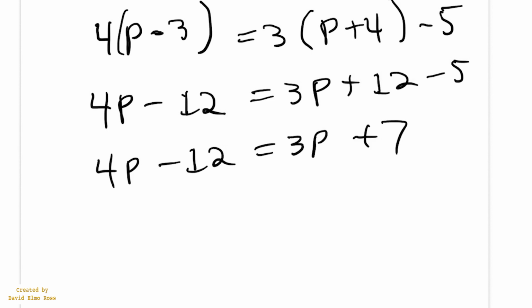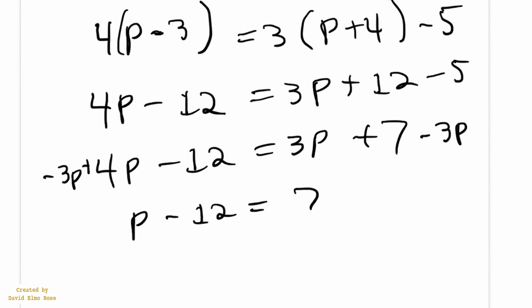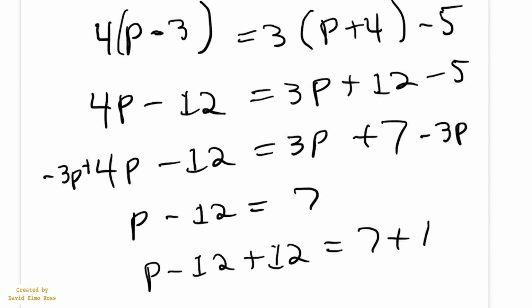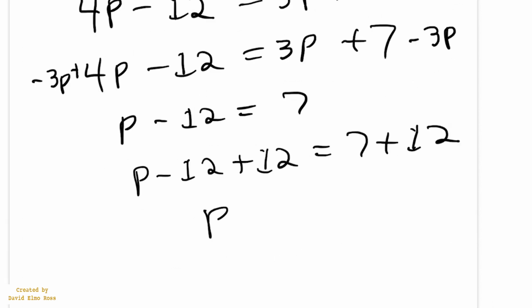And if we want to get 3p on both sides, we can subtract 3p here and have minus 3p here. And when we do that, we get p minus 12 equals 7. And then we can say p minus 12 plus 12 equals 7 plus 12. So p is equal to 19.